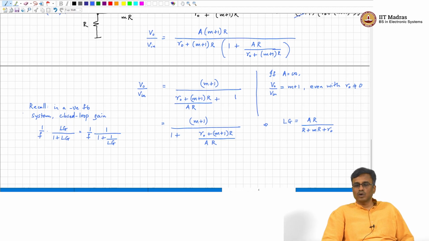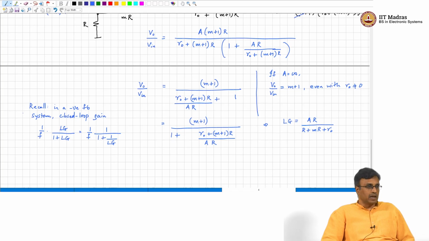Okay. So if R naught is small compared to R, correct, what comment can we make about the loop gain? If R naught is small compared to R, the loop gain is virtually not changed. It was very large earlier, now also it is large. So therefore, the closed loop gain is still going to be, what is the closed loop gain?